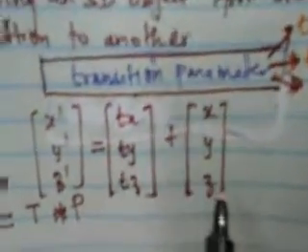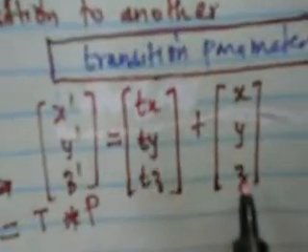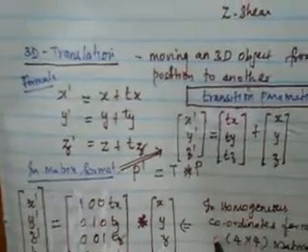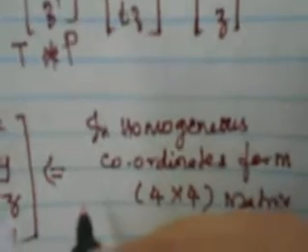Previously we have seen what is homogeneous coordinate, that is we have to represent the matrix in multiplication form. For that we have to add one more dimension. When we implemented in 2 dimensions, we added one more dimension for homogeneous coordinates, that is 3 cross 3.